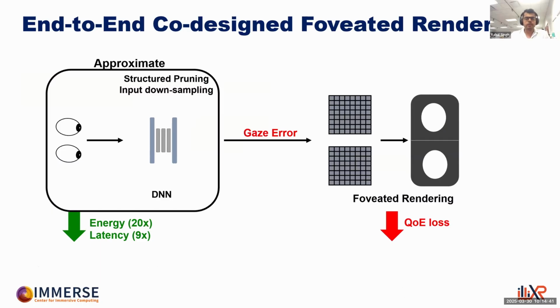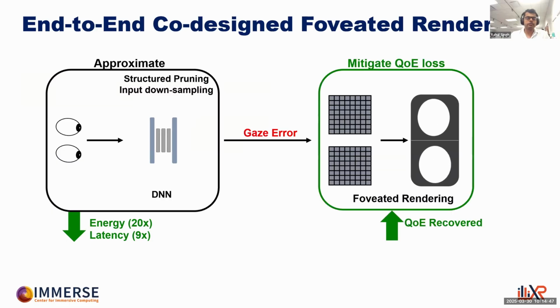Now, to mitigate this quality loss, we keep the fovea size small, but we have a larger region of intermediate resolution before we drop to the ultra low resolution. So in principle, the idea is you degrade the resolution slowly outside the fovea with multiple layers of intermediate resolution or larger intermediate resolution.